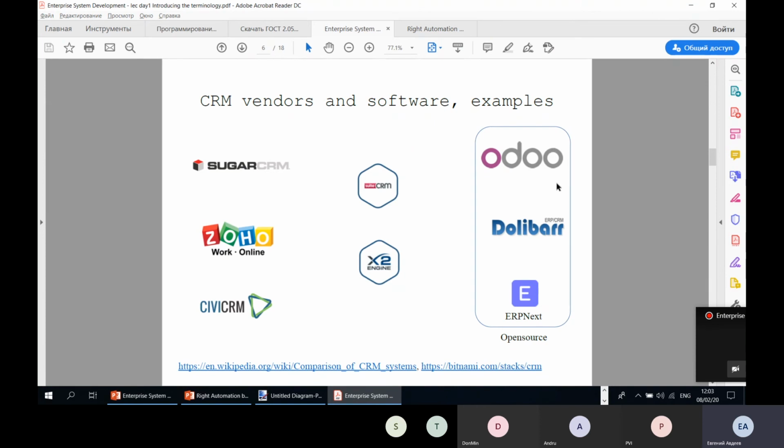And here I have a special site with open source CRM systems. It is not usual for such a product to be open source, but it exists and you can try it. For example, Bitnami, here is the link to the Bitnami site. You can go and find this kind of system.